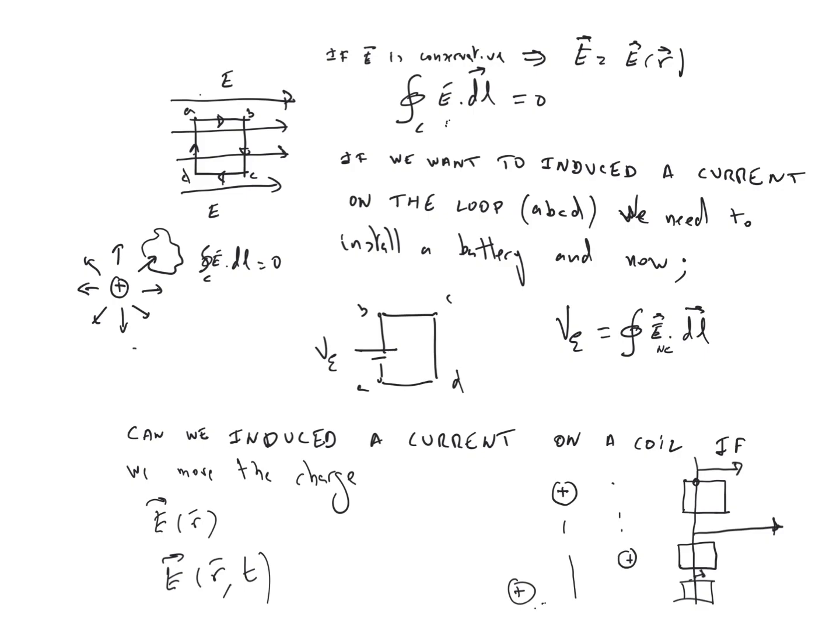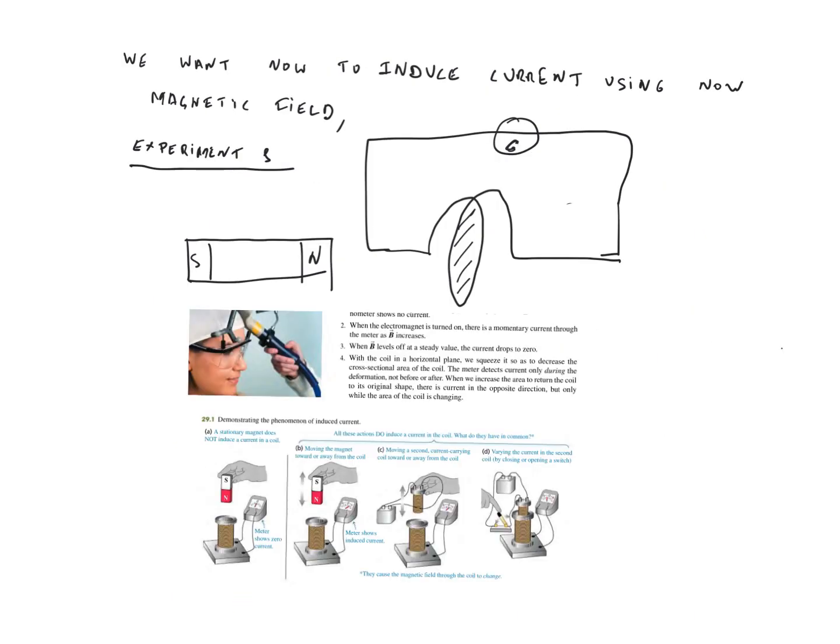So I can make an electrical field changing with time to be able to create a current on a loop. But the electrical field cannot be an electrostatic field like this one that doesn't depend on time. It has to be a field that depends on time. Good. Let's go to the next page.